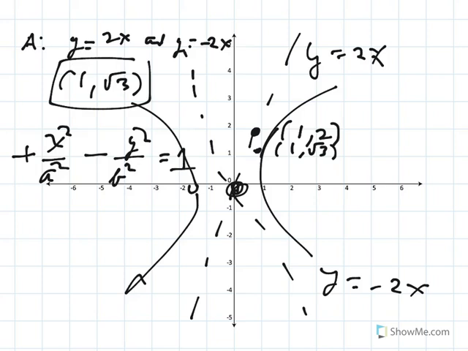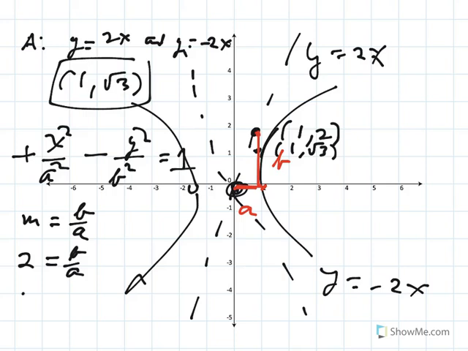Now, from the center to the vertex officially is a. And then if I go from the vertex sort of upward till I hit the asymptote, that's officially b. So for this hyperbola, the slope of the asymptote is going to be b over a. If the hyperbola was the up and down one, it would be a over b, so be careful about that. In this case, we know that 2 is the slope of the asymptote, so 2 is b over a.